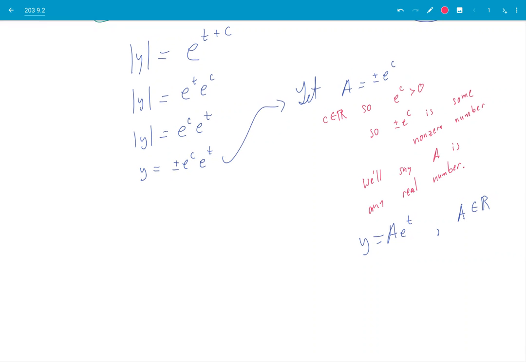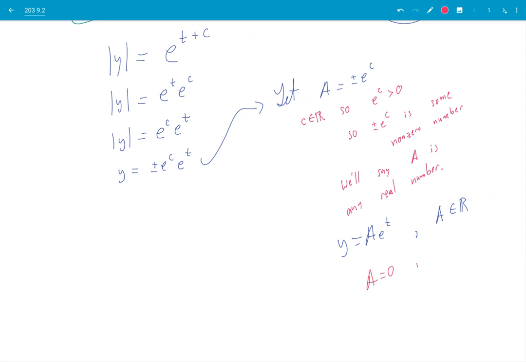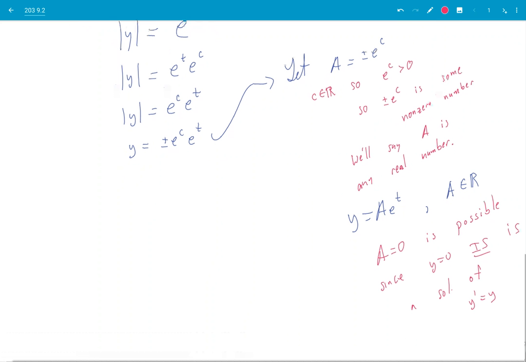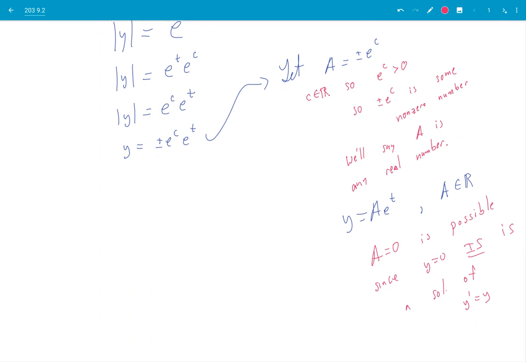You just have to check. a equals 0 is possible since y equals 0 is a solution of y prime is equal to y. Okay, yeah, because if you plug in 0 here, it does work. Okay, so here is our solution.